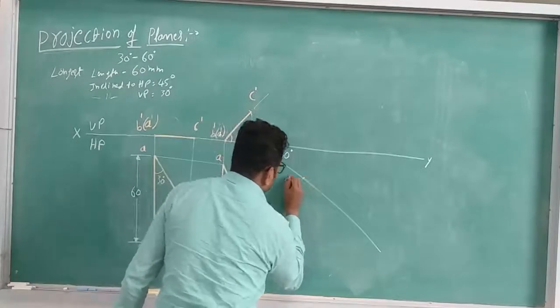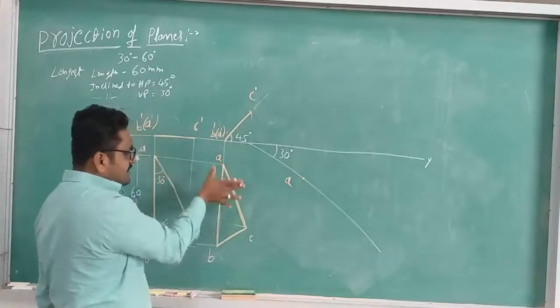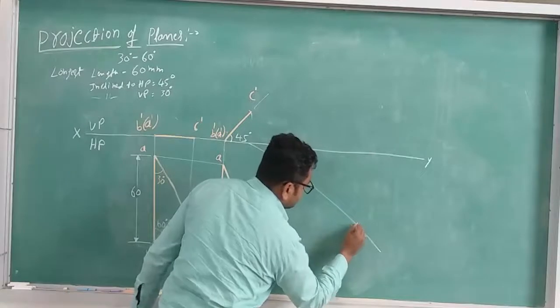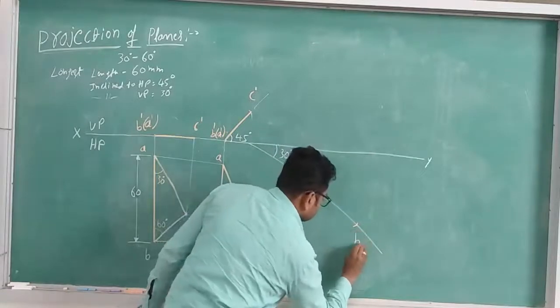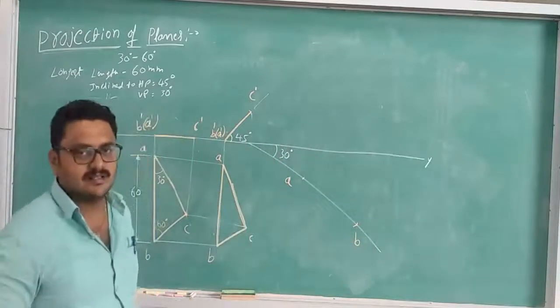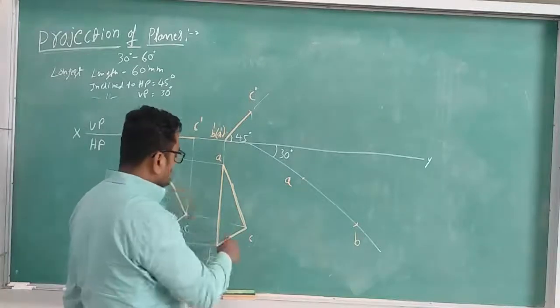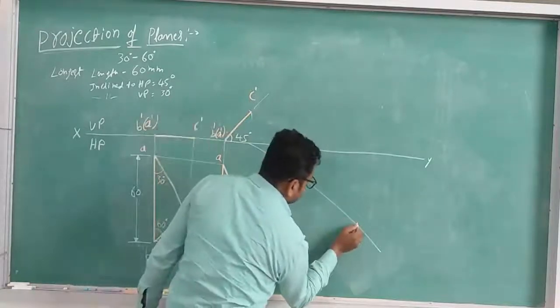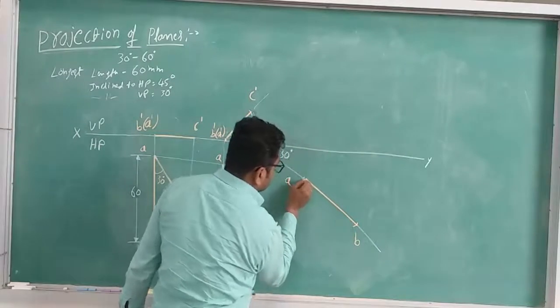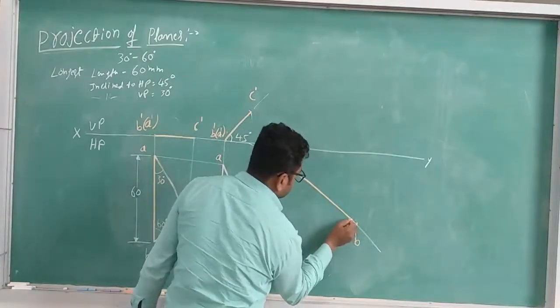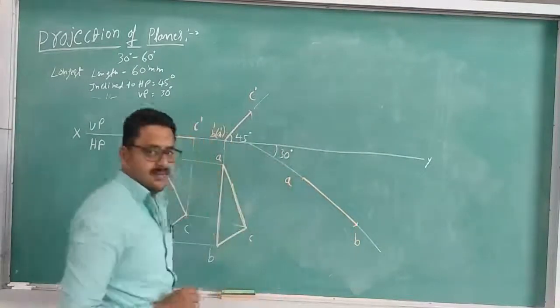First mark A, and A to B, measure it and draw the arc. We'll get B and then join it with a visible line.